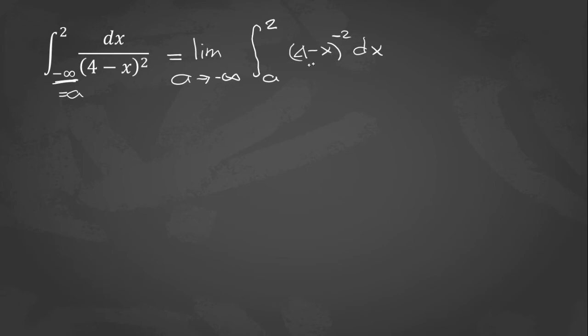Now we must evaluate our integrand, letting the parenthesis value u be equivalent to 4 minus x. Taking the derivative, we have du equivalent to negative dx. Simply, our dx is equivalent to negative du.